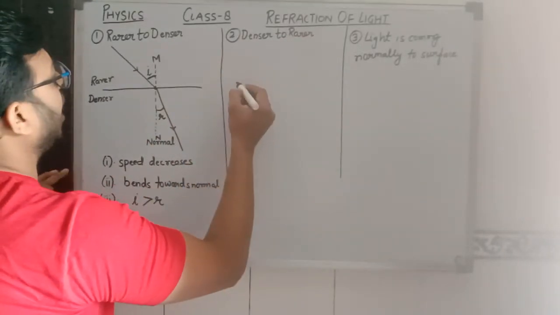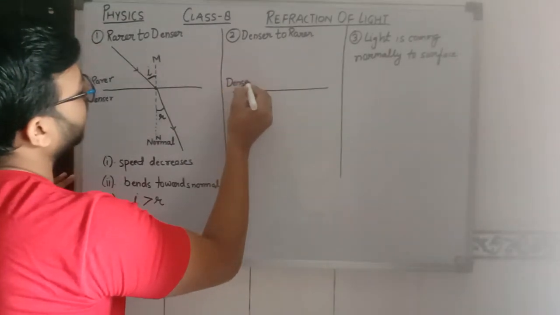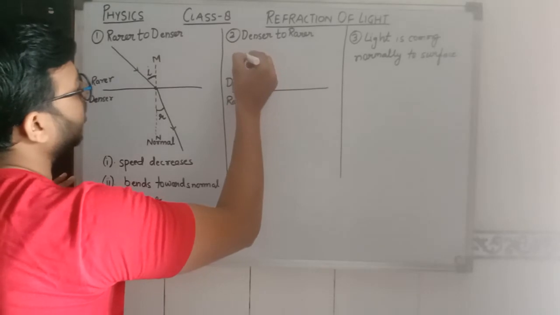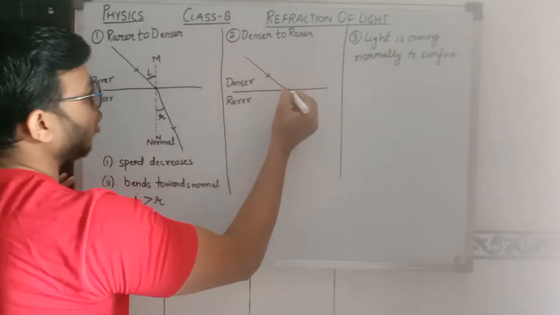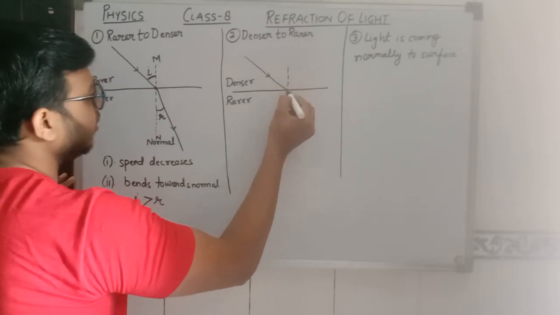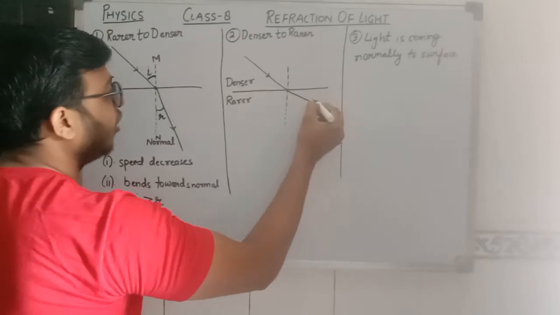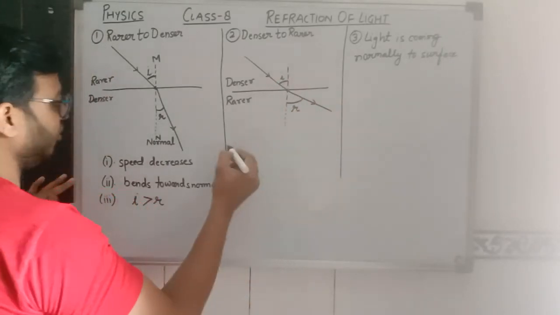Now, when we talk about denser to rarer, the opposite case, this is the denser medium and this is the rarer medium. This is the incident ray and this is the point of incidence. This is the normal line. Now, the light ray will bend away from the normal. So in this case, the three results will be different.